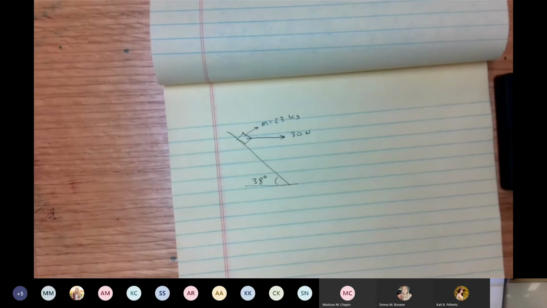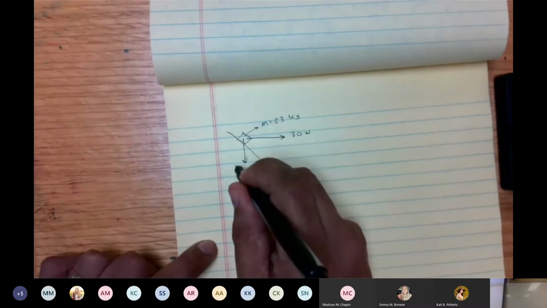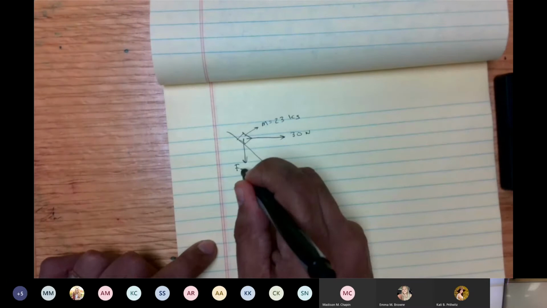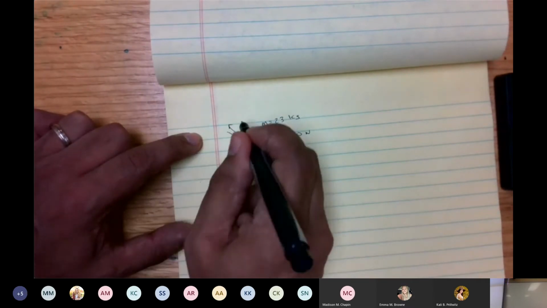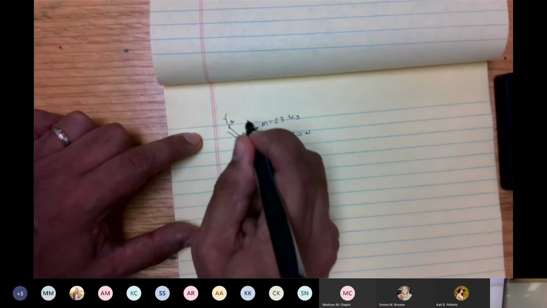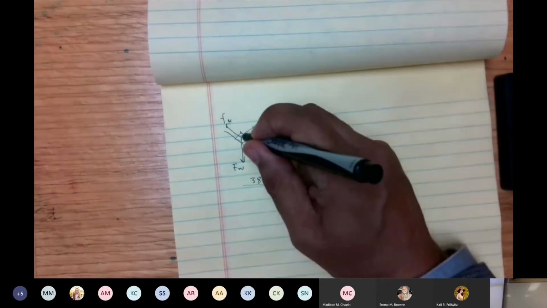We have the weight. And we're gonna have friction. Okay, so those are gonna be all the forces that we have. So we only have three forces. We have the weight, the normal force, and the kinetic friction. Oh, normal force. Oops. Normal force. There you go.